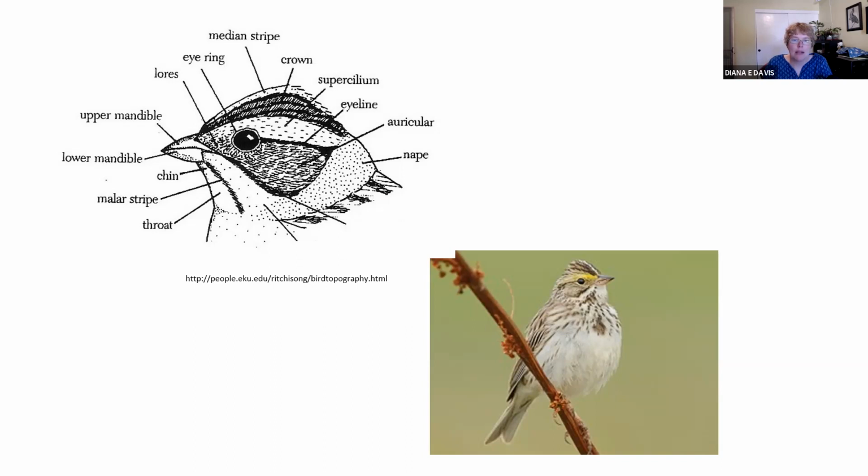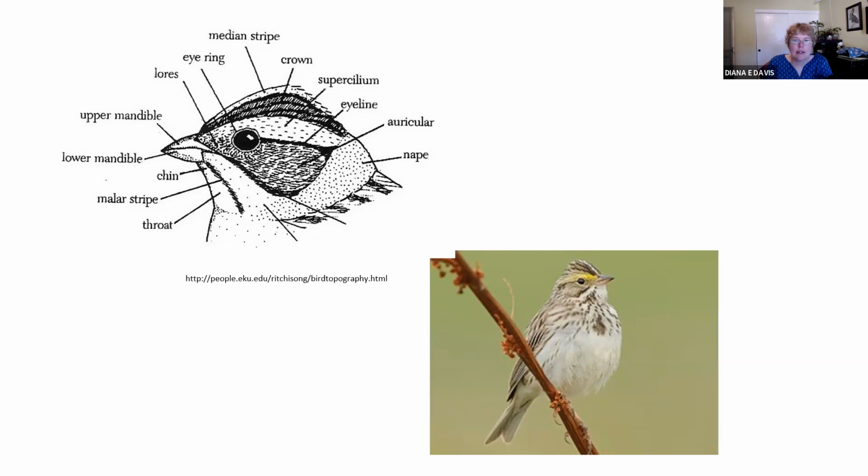That is a malar stripe. There's another one here. This one is also in the malar region. We have the beak with the lower and upper part, the lores again. This bird has an eye ring.